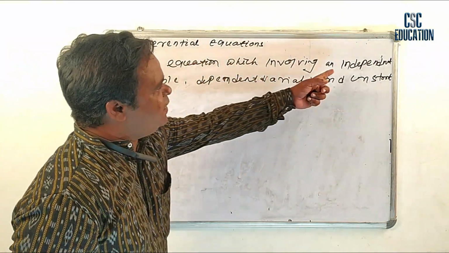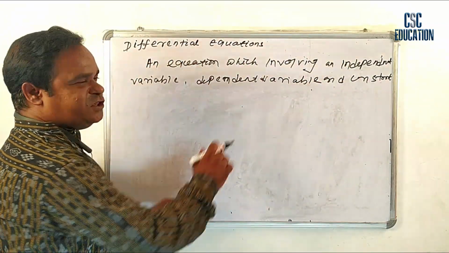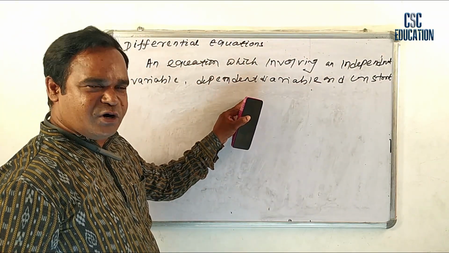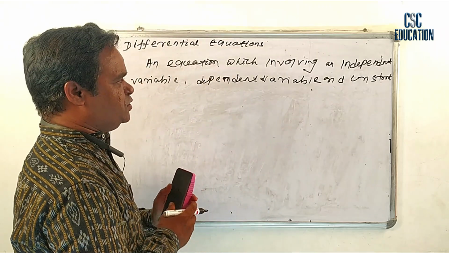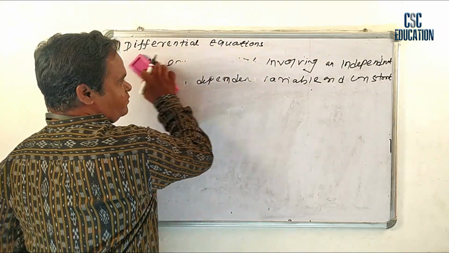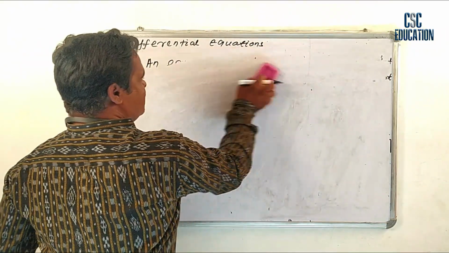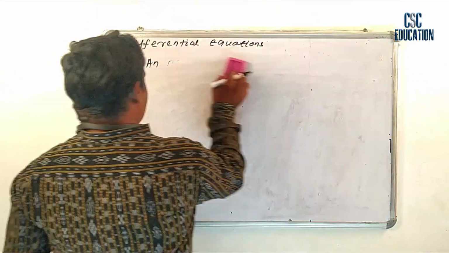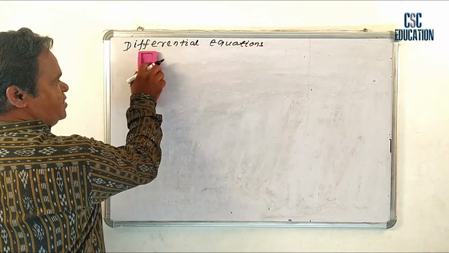Here, the independent variable with respect to the dependent variable, okay, that is the differential equation. Okay. So I have some examples of differential equations.